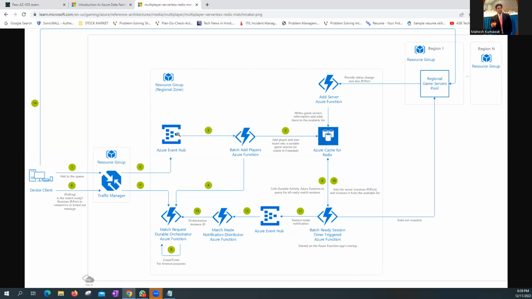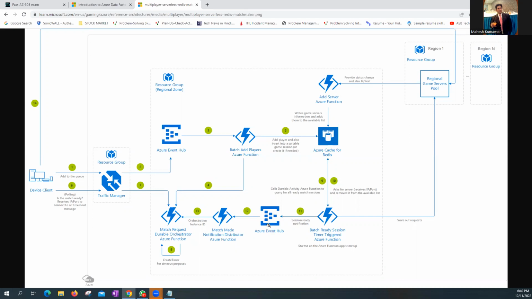Then we have the Event Hub. Event Hub sends the request to the badge and players Azure function, and it sends the request to the Redis cache. We also have some Azure functions and digital game server pools, and then different function services working in the Azure part, right?